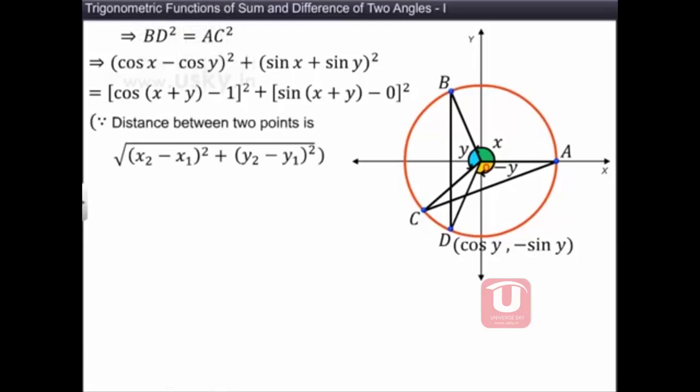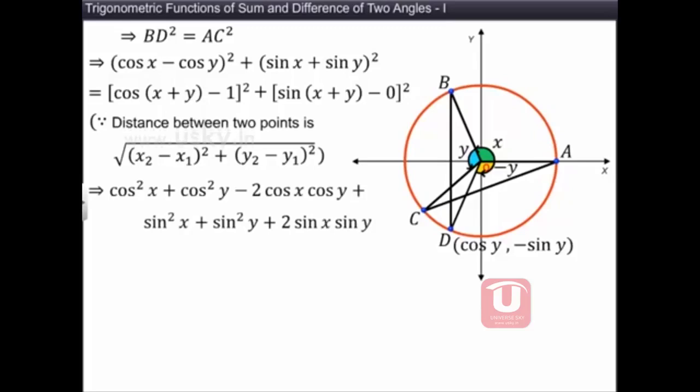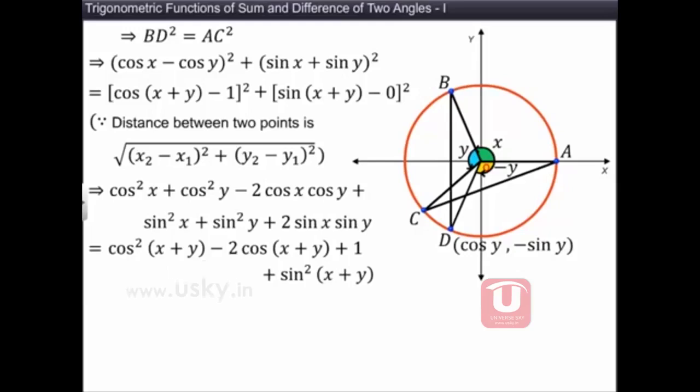On simplifying, we get cos square x plus cos square y minus 2 cos x into cos y plus sin square x plus sin square y plus 2 sin x into sin y is equal to cos square of x plus y minus 2 cos of x plus y plus 1 plus sin square of x plus y.